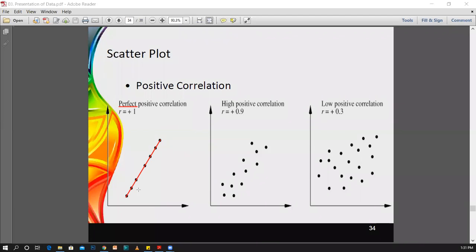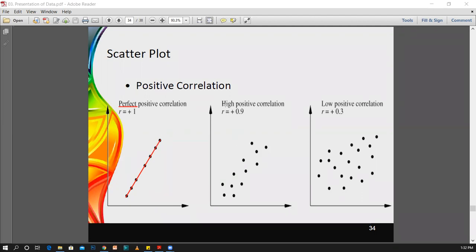You can see that y is increasing as x increases, so we can identify such a relationship as a positive relationship. Therefore, if you fit a line which satisfies all the points, and it is in the upward direction as x increases, then we can say it is a perfect positive relationship.